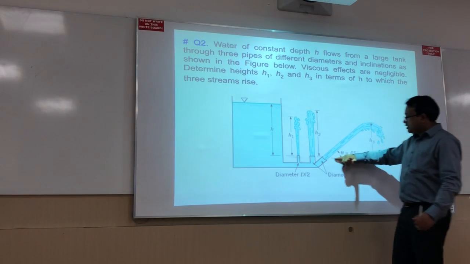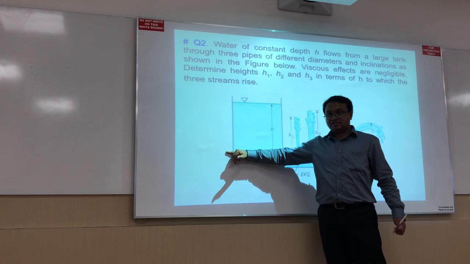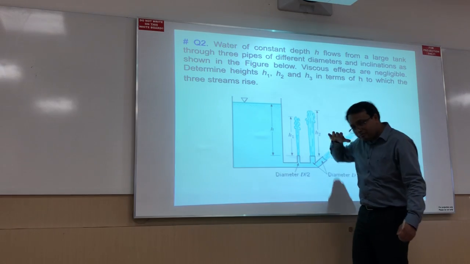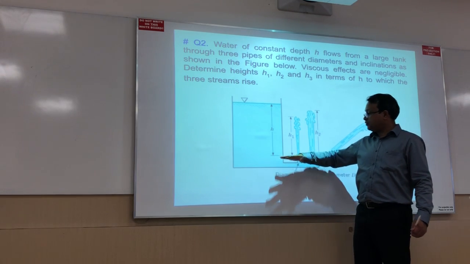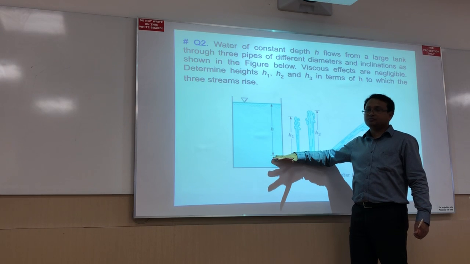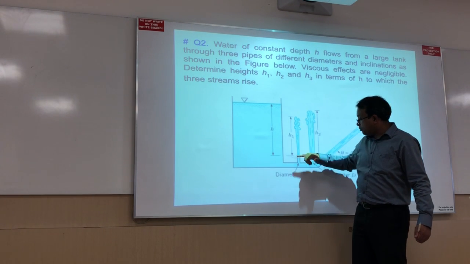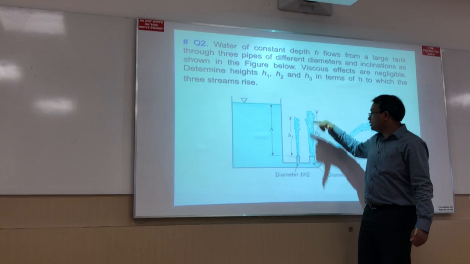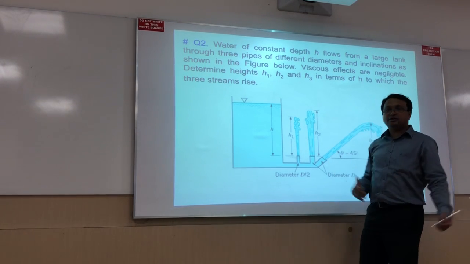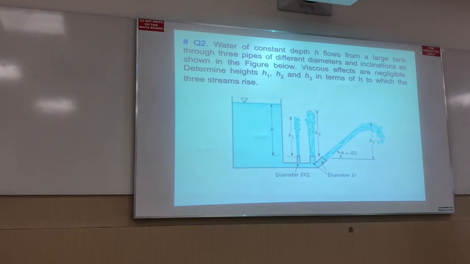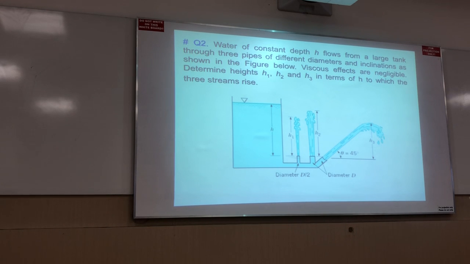If I choose this as the reference line, this is nice. Why? Because I can measure anything from that reference point. From here to here, H. From here to here, H1. Here to here is H2. Here to here is H3. No problem. So before solving the question, I draw a reference line.